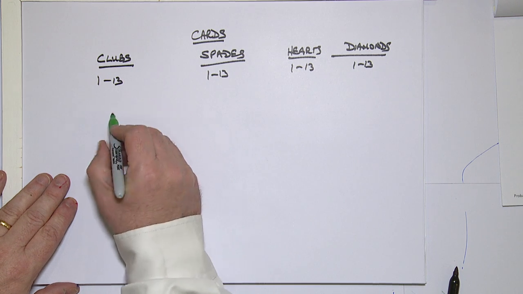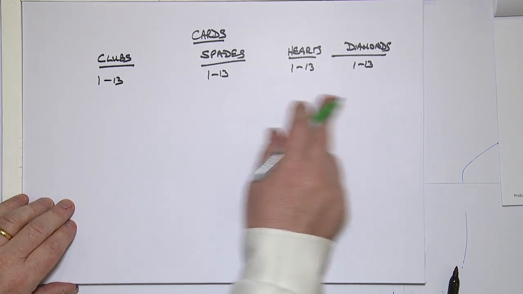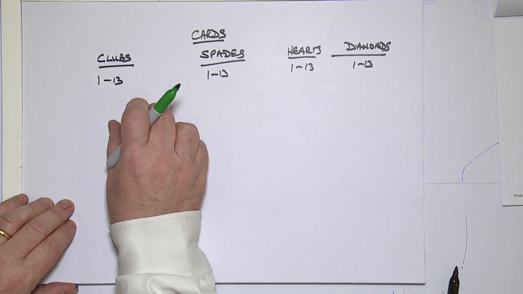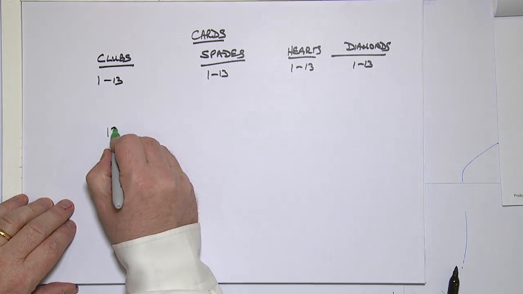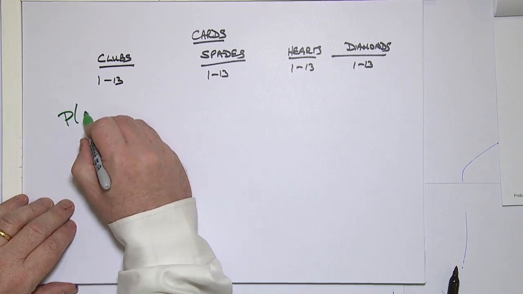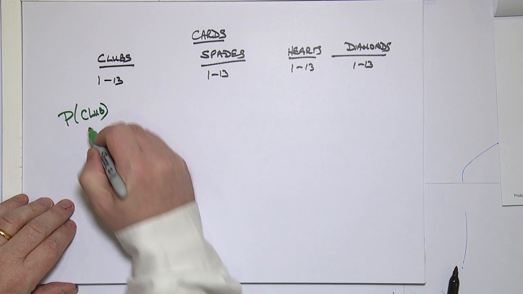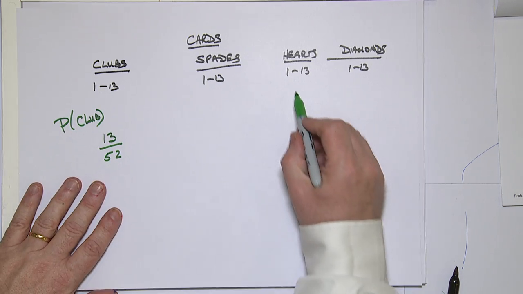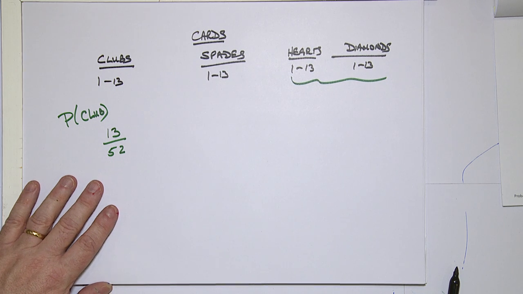So what's the chance of getting a club? I could say 1 in 4, couldn't I? But really I could say 13 out of 52, couldn't I? That's the probability of a club, followed by a red card. Are these red over here? Okay.